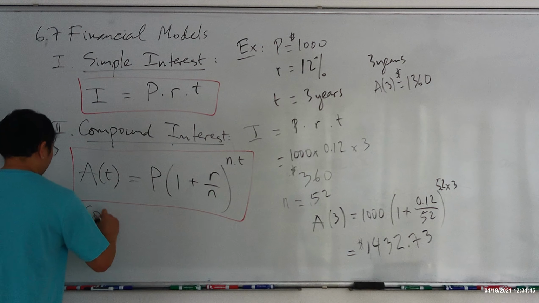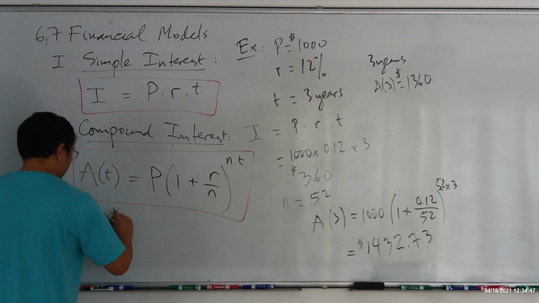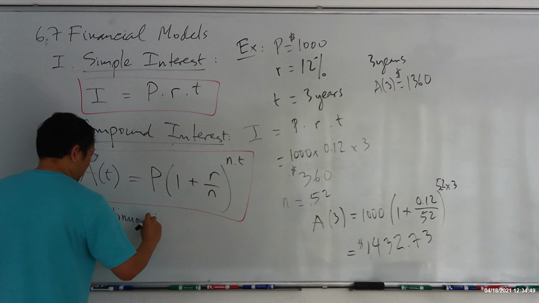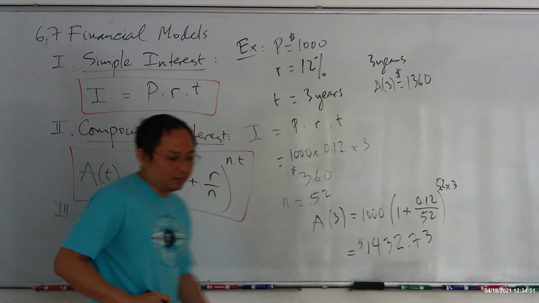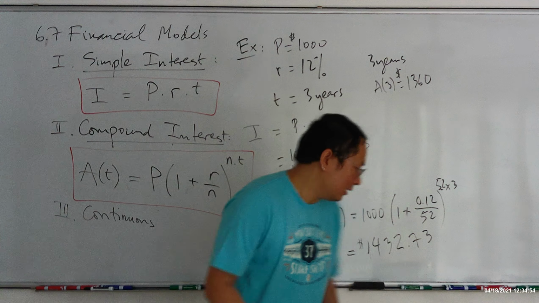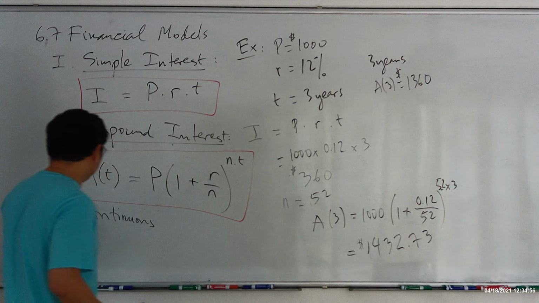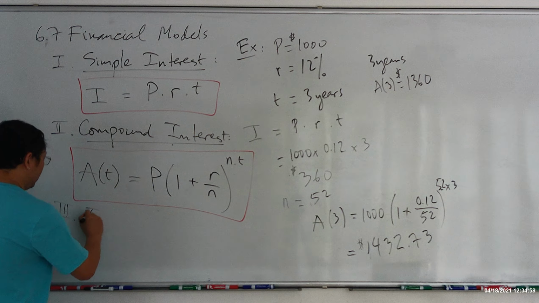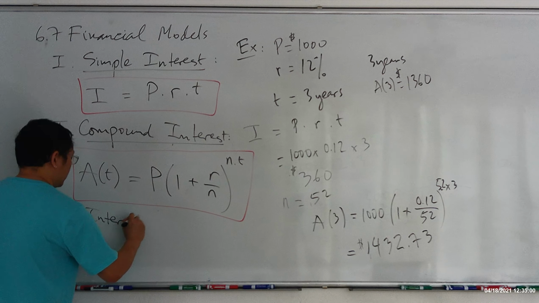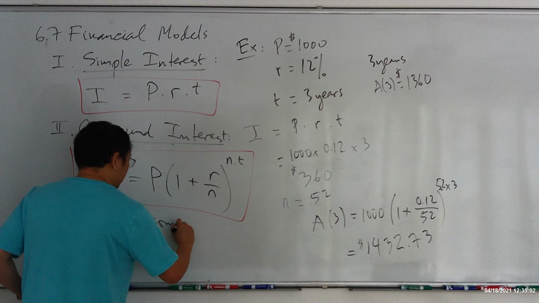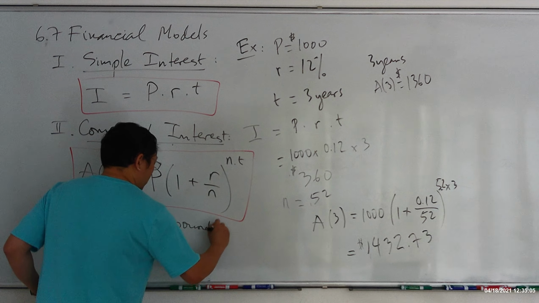How about, let me write it this way, continuous interest. Find the right term to say it. Just write the whole thing. I tried to make it short, but interest compounded continuously.